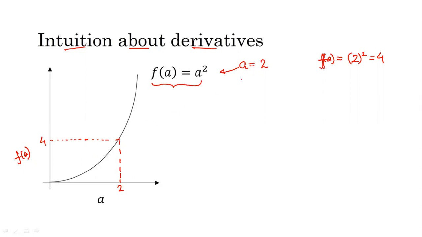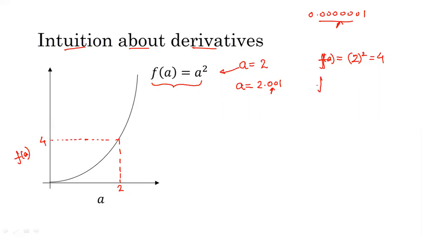Now suppose I increment this value of a by a very infinitesimally small amount, so this will be 2.001, suppose. Although this is a very large increment as far as the derivative topic is concerned, the increment can also be 0.00000001, and actually this is the kind of increment we should consider. Otherwise this is a very large increment, but for simplifying this example I am taking this much increment.